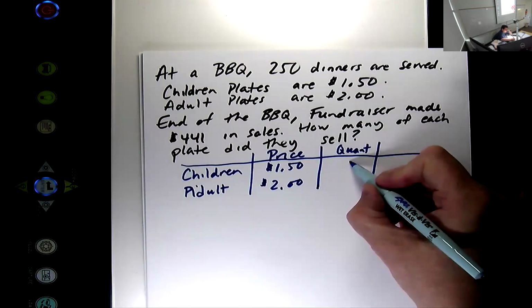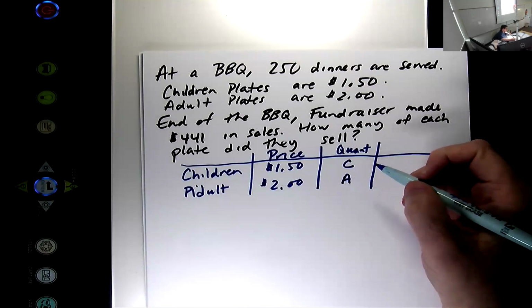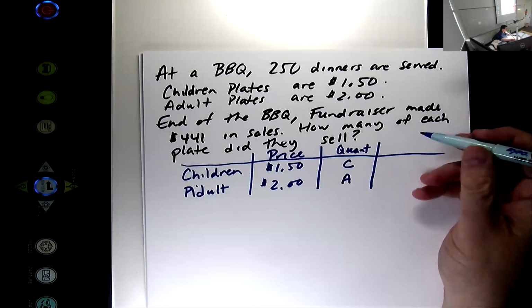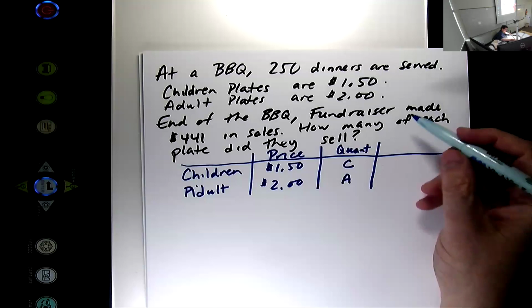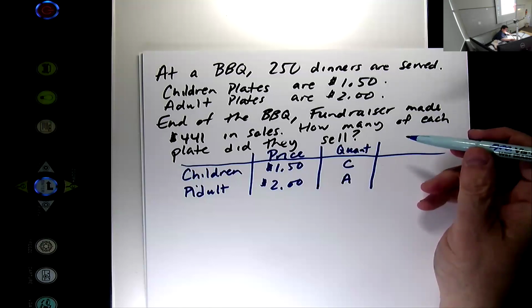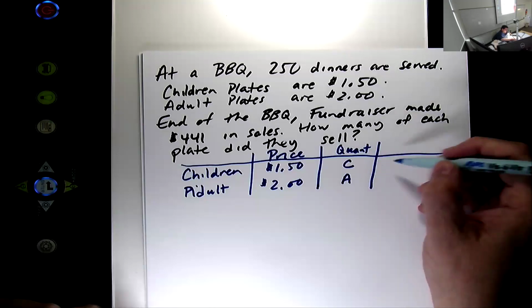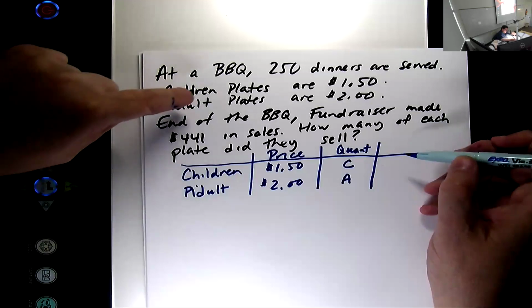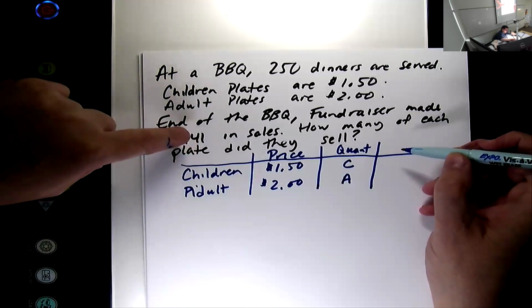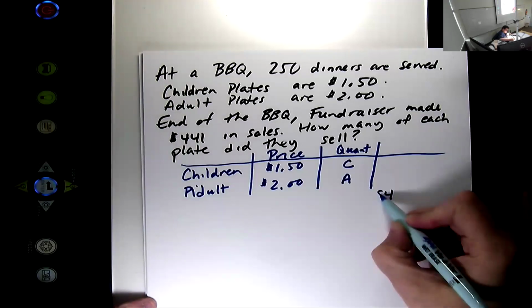So let's give them variables. Instead of using X and Y, I'm going to use the first letter of each one, because then I know right away when looking at the answer what each one is. We know the total price they made is $441, which is sales.